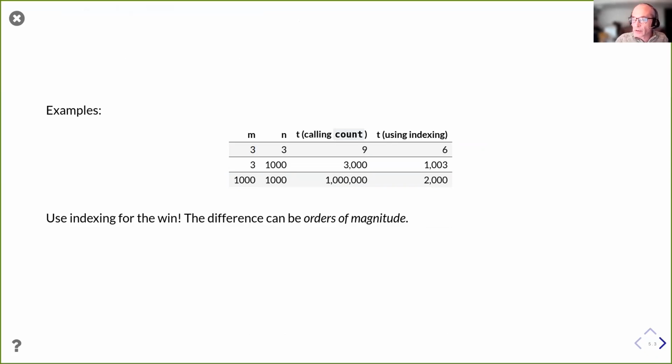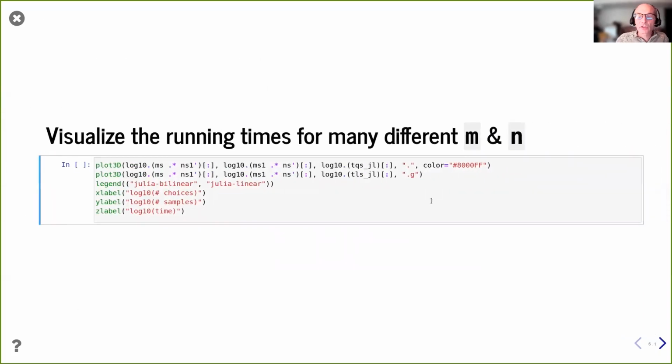be orders of magnitude. And just to show you how this works out in practice, before I started this lecture, I ran some benchmarks, each combination of m and n many different times to get accurate timing measurements. And I saved them to a file and loaded them before this session here.